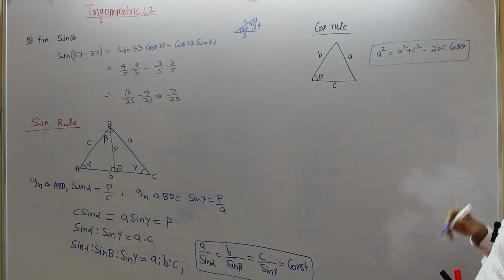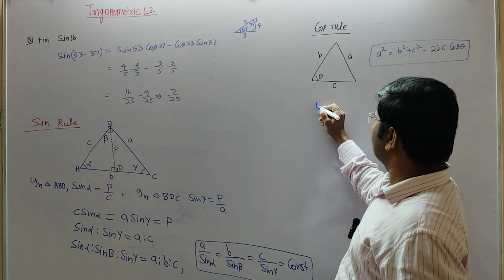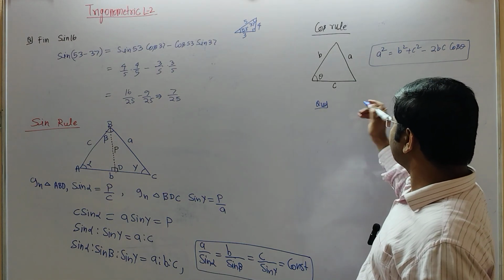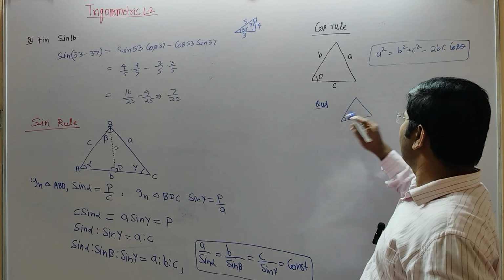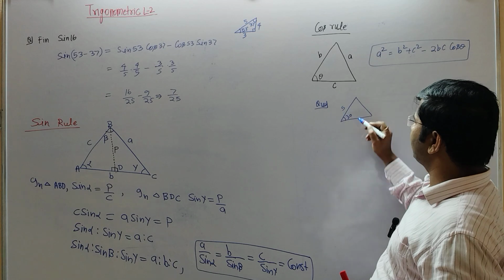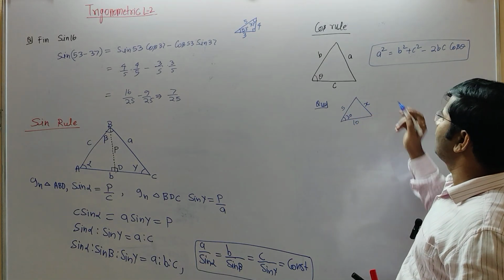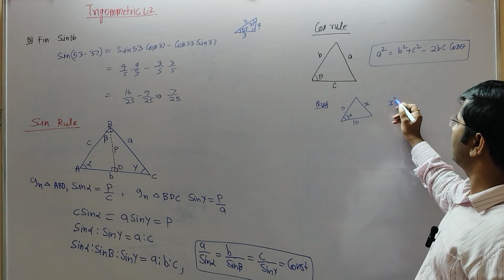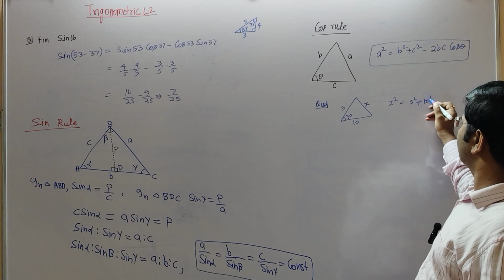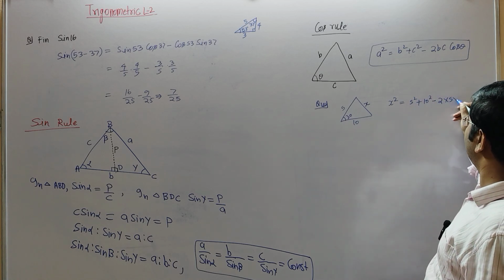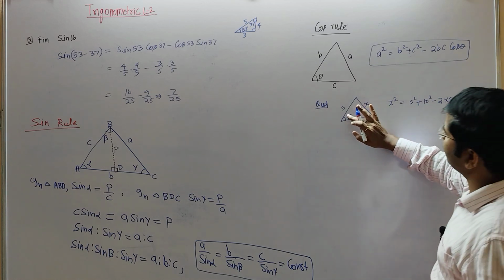Let's solve one question using the cos rule. Say this angle is 60 degrees, this side is 5 and this side is 10. Any general value I'm taking. What is the value of this side? Using the cos rule, x square equals 5 square plus 10 square minus 2 into 5 into 10 into cos 60.